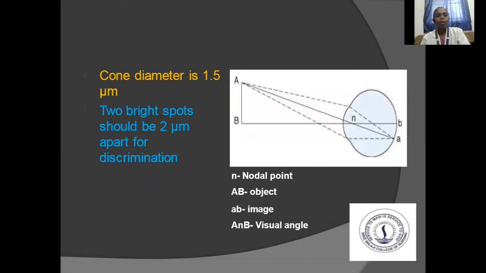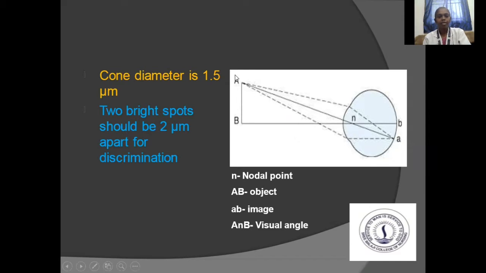This is the normal cone diameter. Actually, the cone diameter is 1.5 micrometer. Two bright spots should be 2 micrometer apart for discrimination. In this picture, N means the nodal point, the center portion. AB is the object, which is supposed to be perceived by the eye.